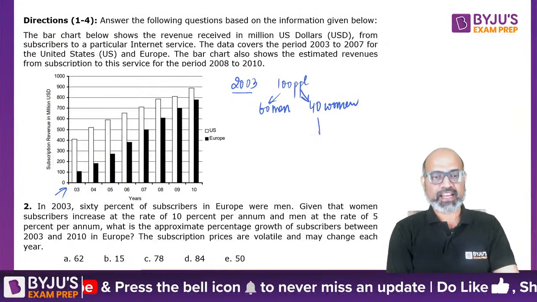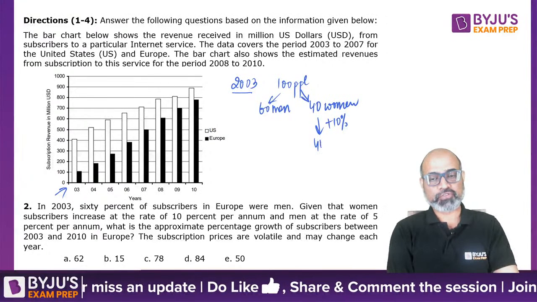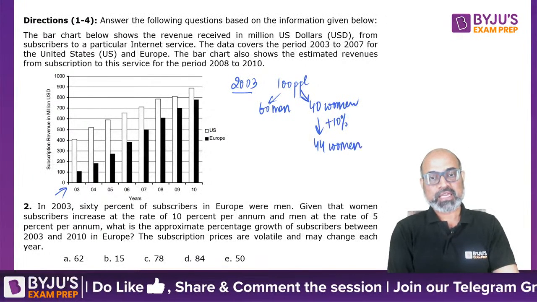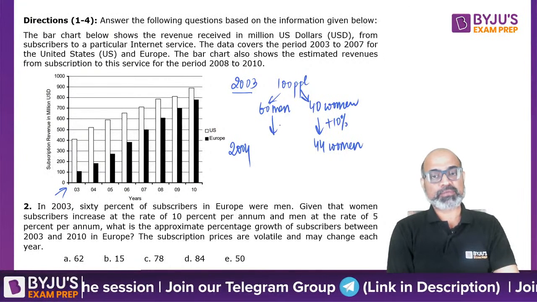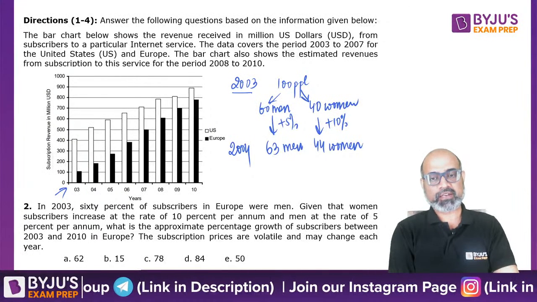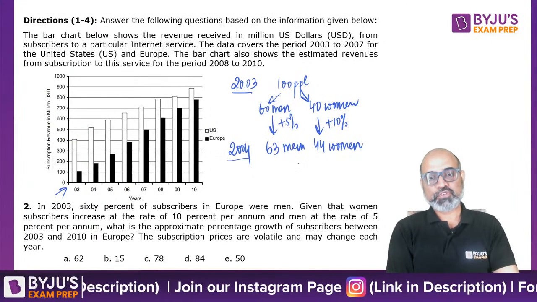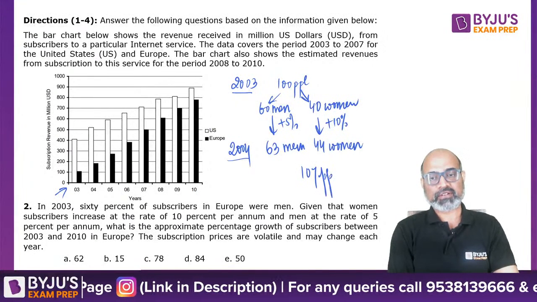Now it is given that women subscribers increased by 10%. So now we are going to have 44 women in the next year, which is 2004. And men subscription increased by 5%. So this is going to be 63 men. So in 2004, what you will realize is there are 107 people now.